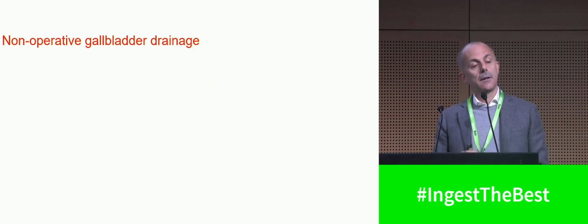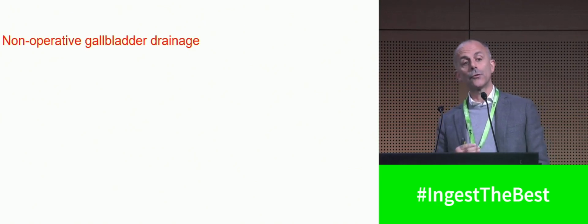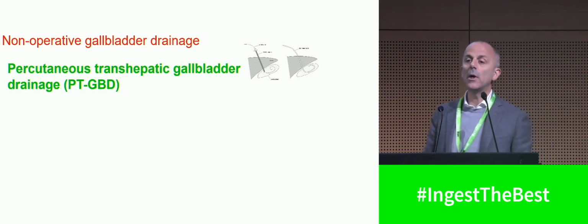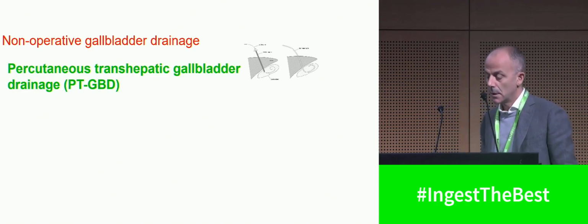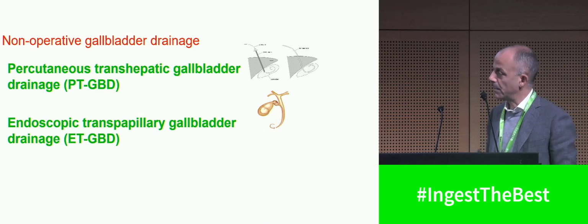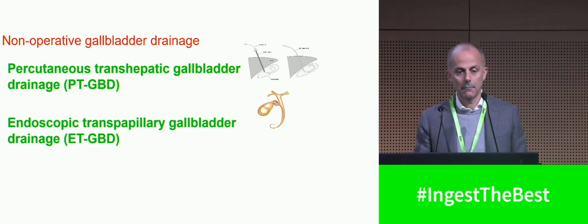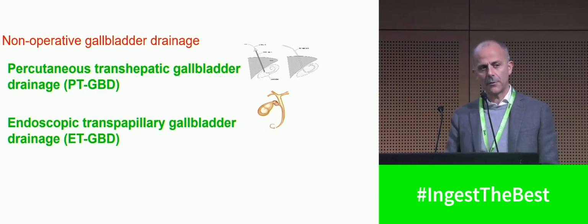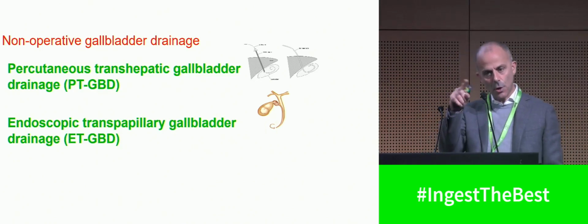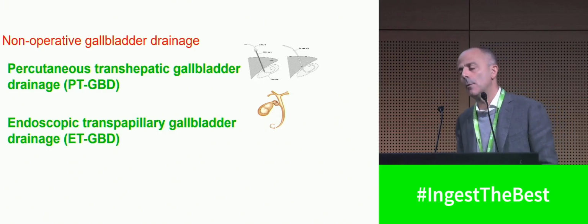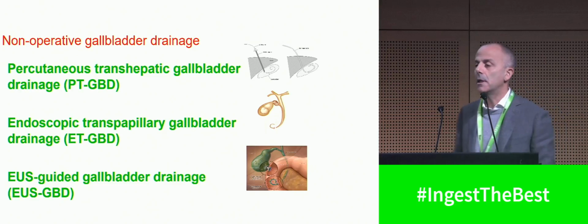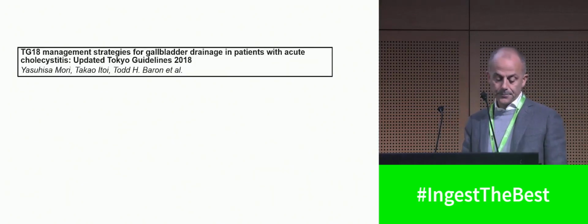What are the options for a non-surgical approach? Percutaneous, that is very well known. Transpapillary endoscopic during an ERCP, and we have seen how to do it, and this could be interesting, especially in the concomitant presence of common bile duct stones. Or the more recent approach, the transluminal gallbladder drainage.